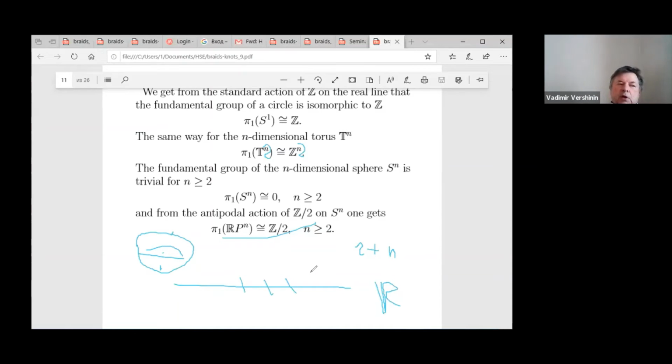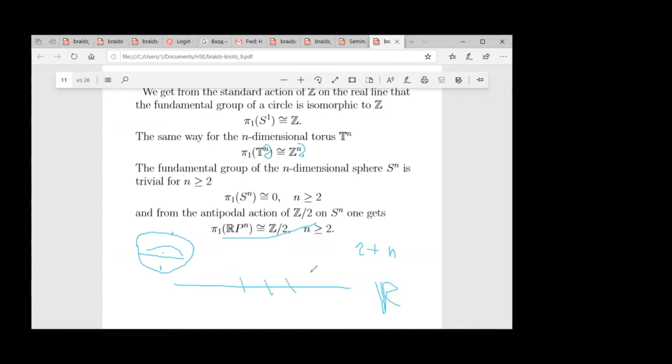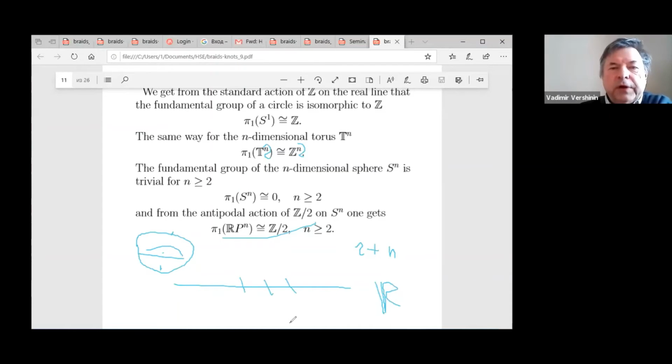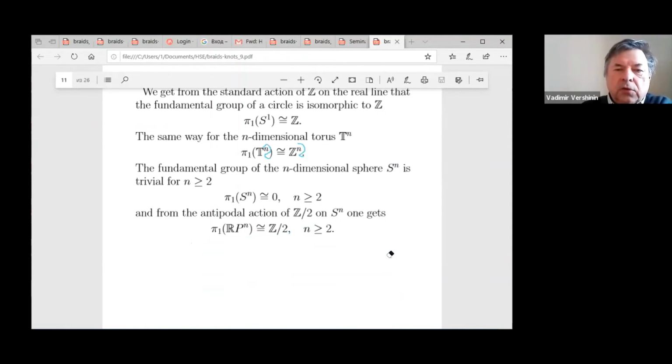For example, we saw that the projective plane is a disk and a Möbius band. Very good. Your calculation with the projective plane is excellent, because you have cells in each dimension. This is a very geometric calculation.